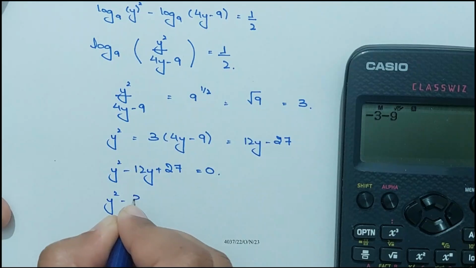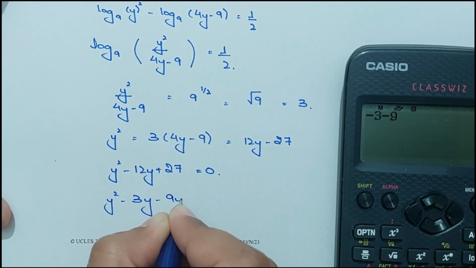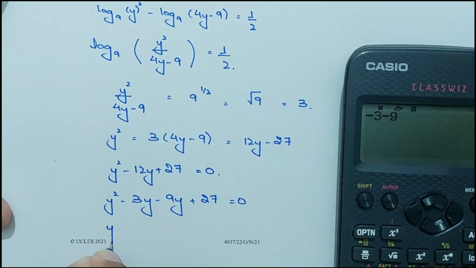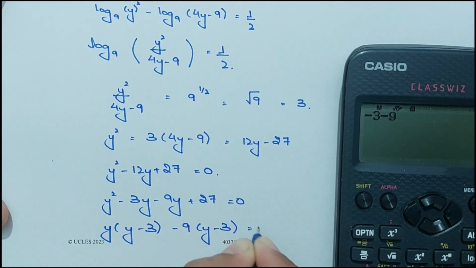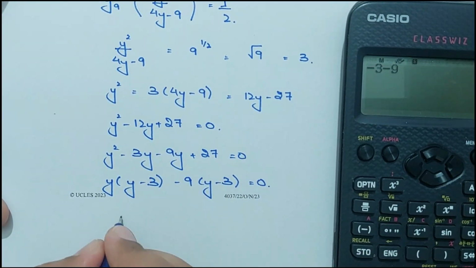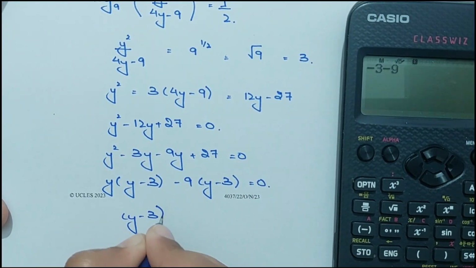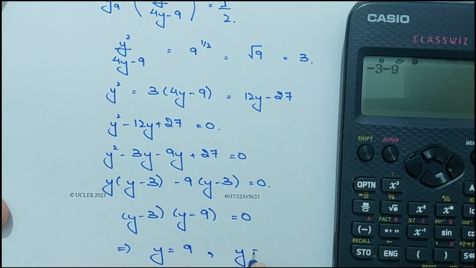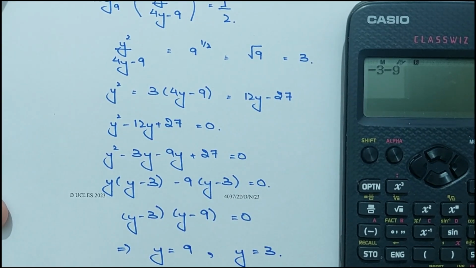Y square minus 3y minus 9y plus 27 equals 0. Taking y common, we have y minus 3, and negative 9 common, y minus 3 equals 0. The factors are y minus 3 and y minus 9 equals 0. So we have two solutions here: y value is 9 or y value is 3.